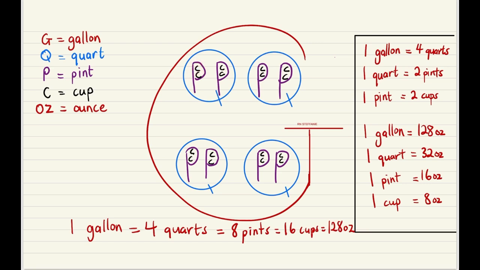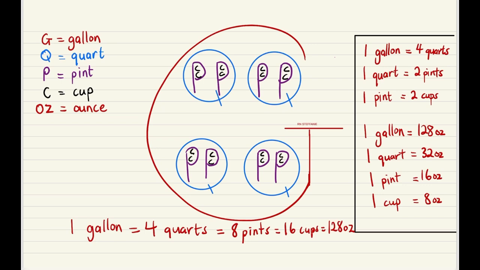So 2 pints is equal to 4 cups because we can see 1, 2, 3, 4. On this side, I put 1 pint is equal to 2 cups. You don't have to memorize this because once you have the image, it says 1 pint is equal to 2 cups because there are 2 C's in 1 P.